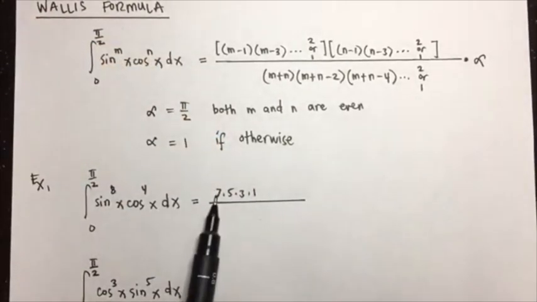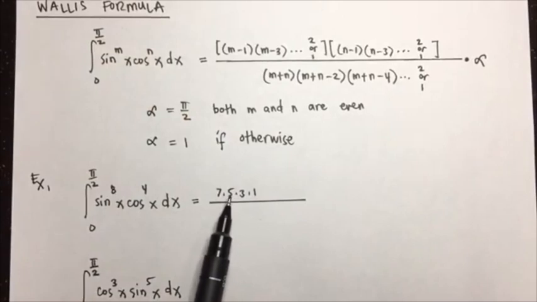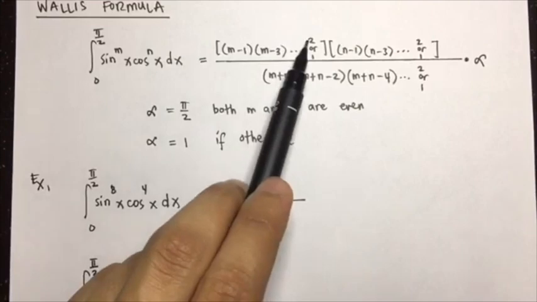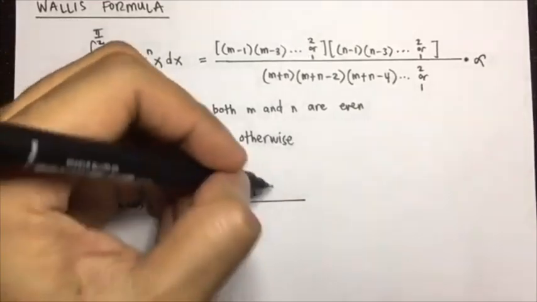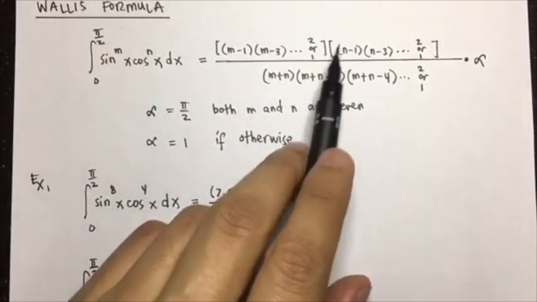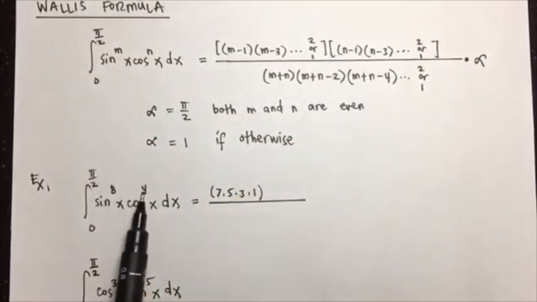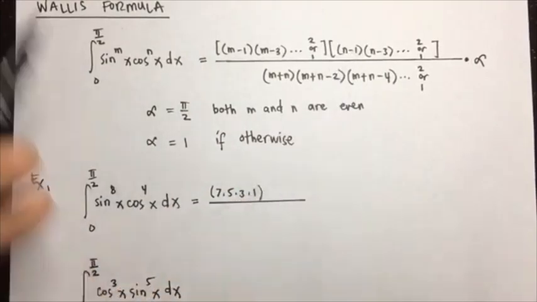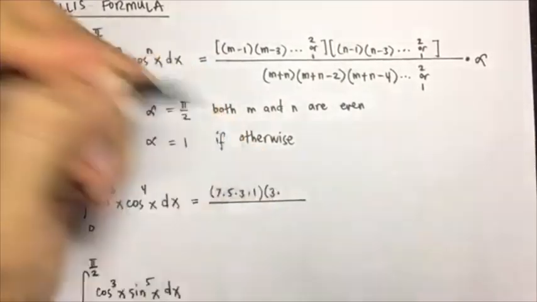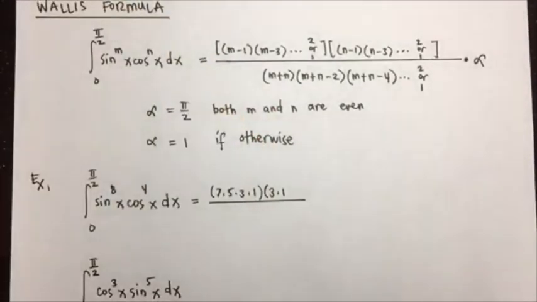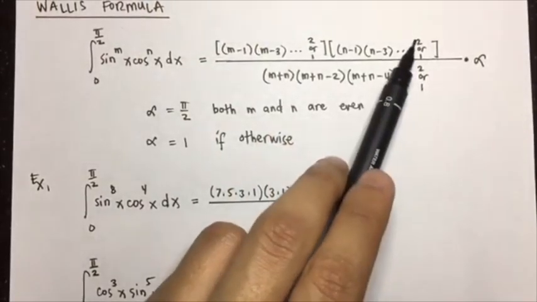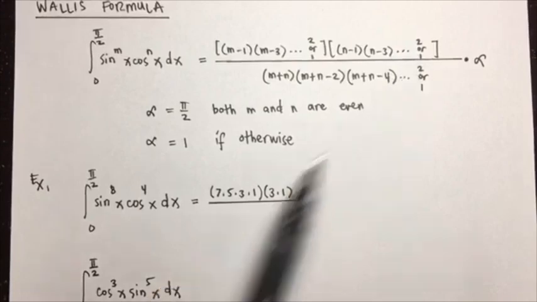You can see the pattern: 7 minus 2, then 5 minus 2, then 3 minus 2, until it becomes 2 or 1, and you stop there. Next is n minus 1. Our n is 4, so n minus 1 is 3. We start at 3 multiplied by 1, and we stop at 1, since we stop if it becomes 2 or 1.